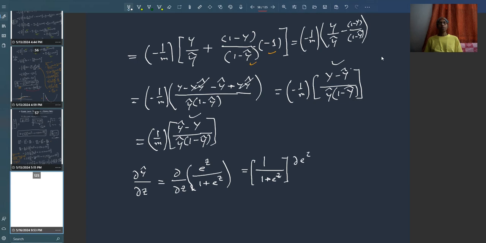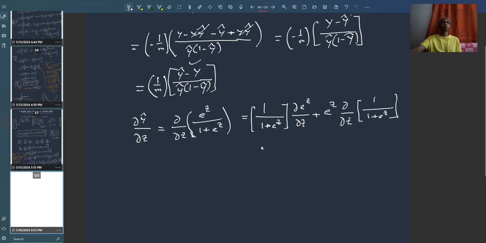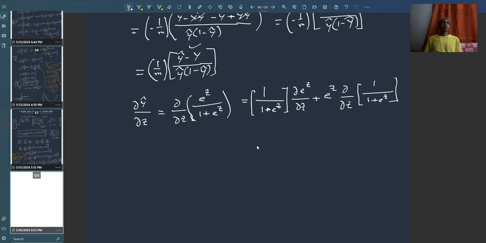Del e to the power z del z. And the second term is e to the power z remains constant. We do del z of 1 by 1 plus e to the power z. This one turns to e to the power z, del z is e to the power z only.